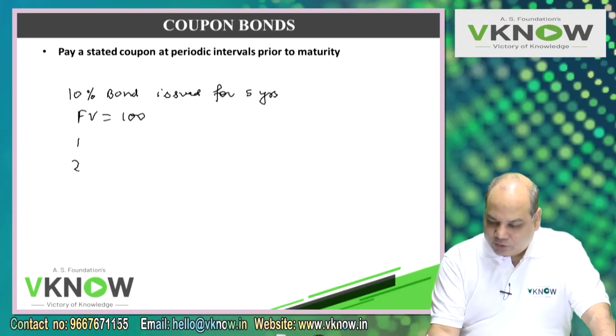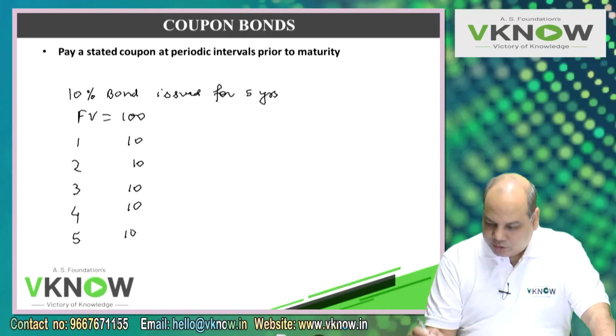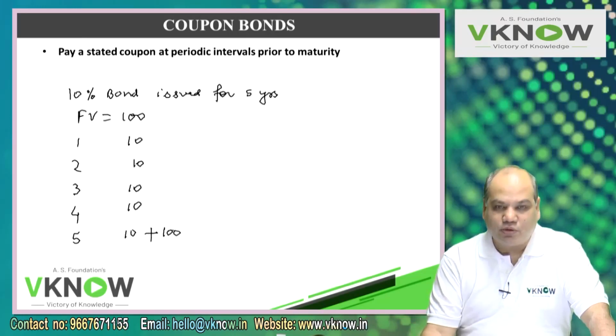So in year 1, 2, 3, 4, 5, they will pay 10 rupees every year. And of course in the last year, they are going to redeem the principal amount also. So that is called coupon bond. This was an example of annual coupon bond.